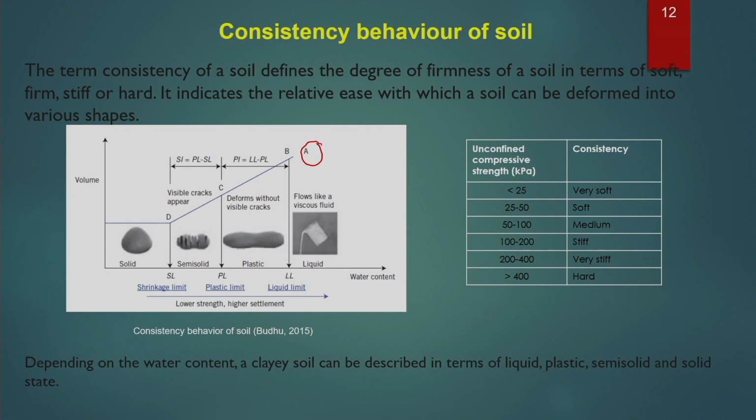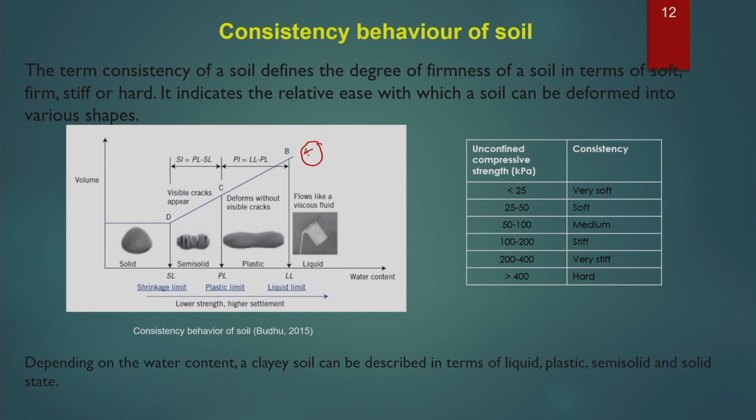Now what we will do is gradually dry the soil such that its water content will decrease, or the amount of water will get reduced. As the water from the soil gets reduced, the soil starts to gain some shear strength. So here you can see the soil is in the form of a liquid.